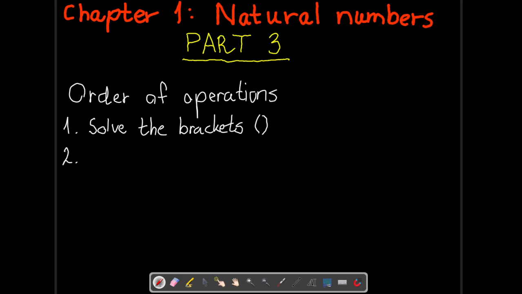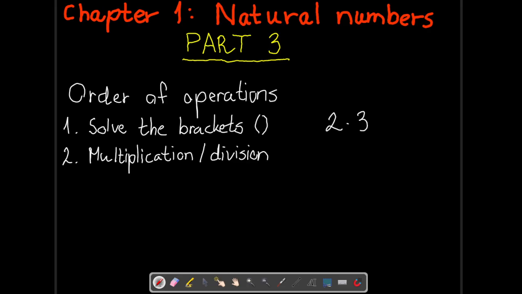Second comes the multiplication slash division. They are equally important here. So in case we happen to have an expression like this, 2 times 3 divided by 6, it doesn't matter what we do first.